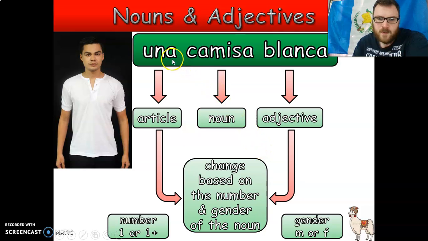With una camisa blanca, camisa is feminine, so this will be una, this will be blanca, and it's also singular, so it will not have an S.